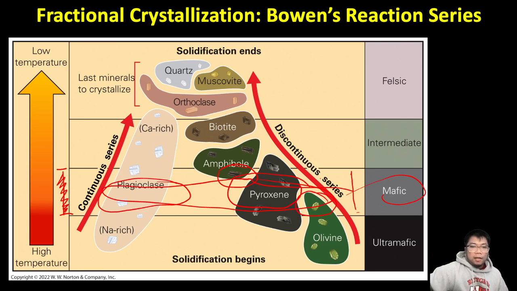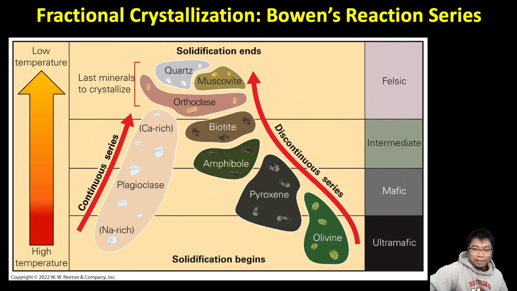Okay. All right, so those are the importance of Bowen's reaction series, and the nice thing is that it helps us a lot with identifying different types of igneous rocks and mineral assemblages within different igneous rocks. Anyway, let's continue.